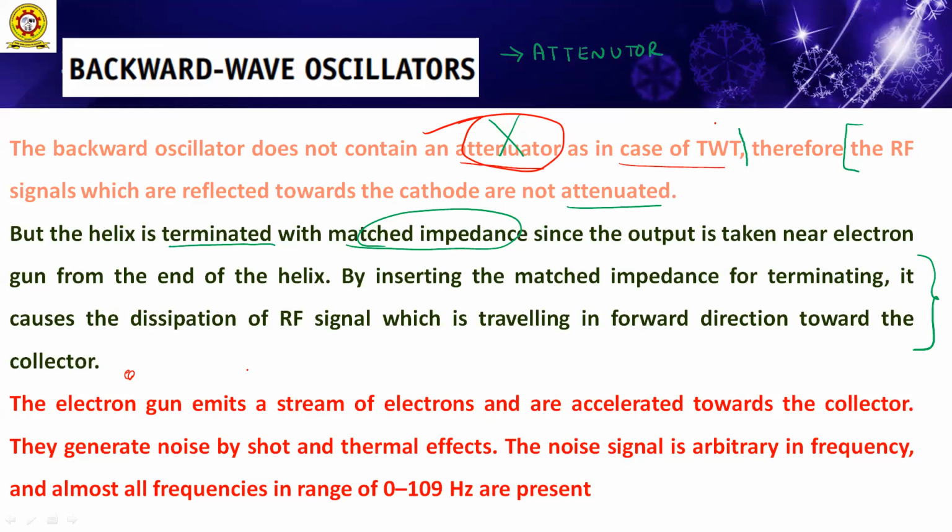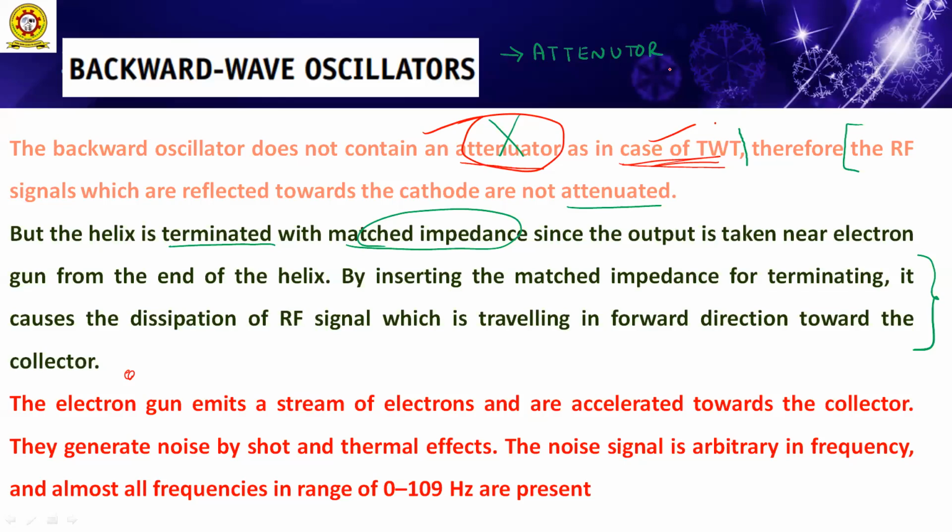That's why the backward wave oscillator doesn't contain any attenuator in its operation, unlike the traveling wave tube. Therefore RF signals which are reflected towards the cathode are not attenuated.